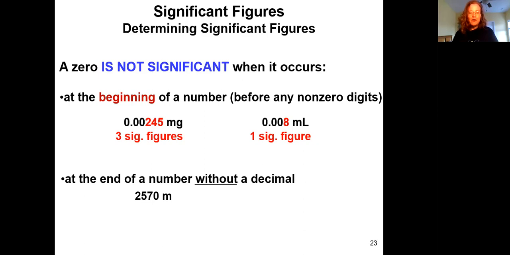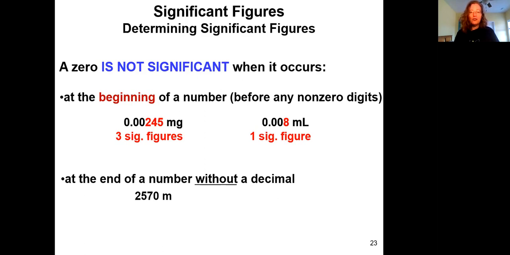And they're like, well, we think it was 2,570 meters, not 2,560 or 2,580. What's exact is the 2, the 5, and then the estimated digit will be the third one, the 7, as opposed to a 6 or an 8.